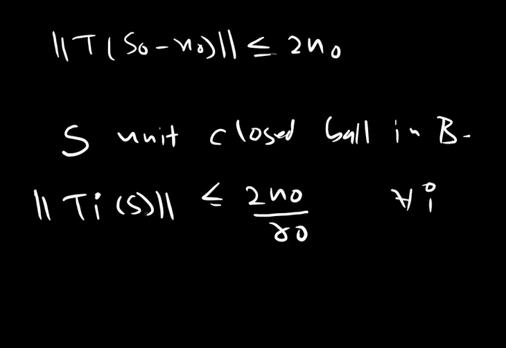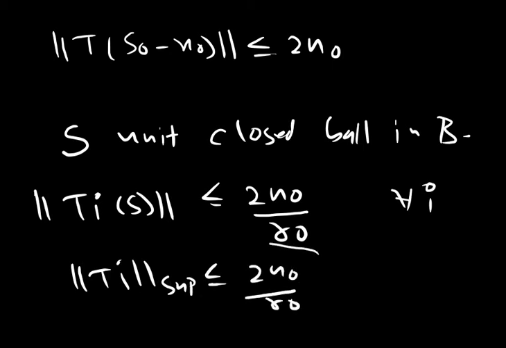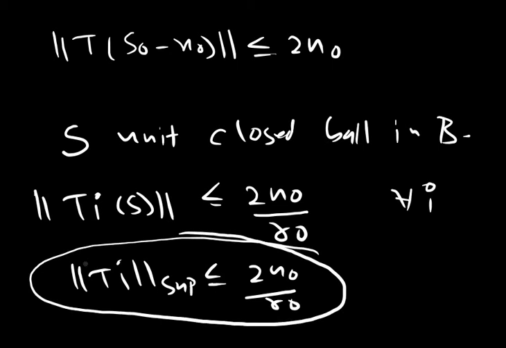By the definition of the norm of T_i, this implies the supremum norm is less than or equal to 2N naught divided by r naught, a fixed number. So by the uniform boundedness principle, we have proved that if the family is pointwise bounded, then it is in fact bounded in the norm. That completes the proof.